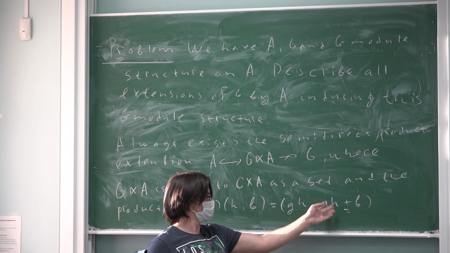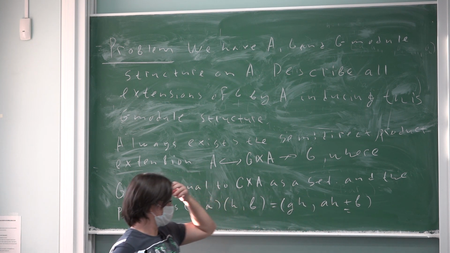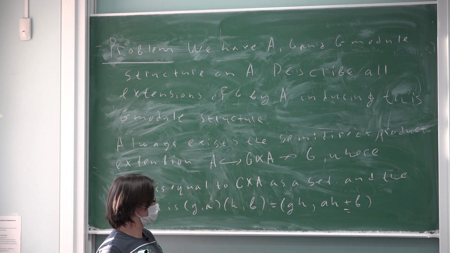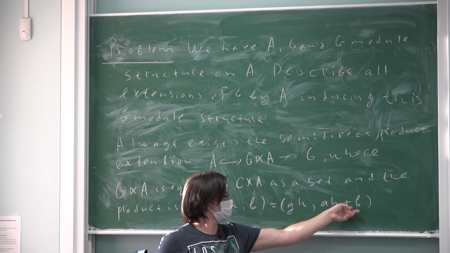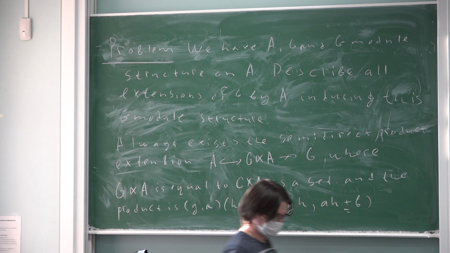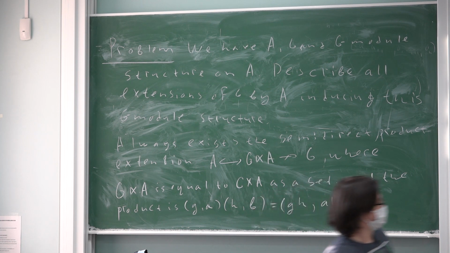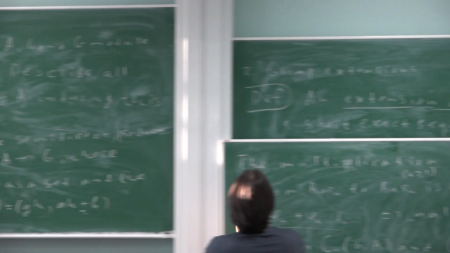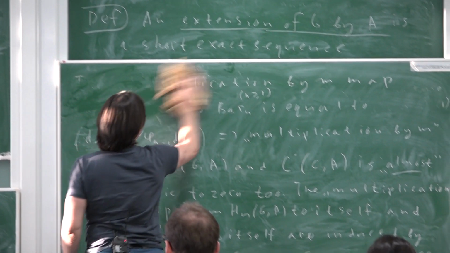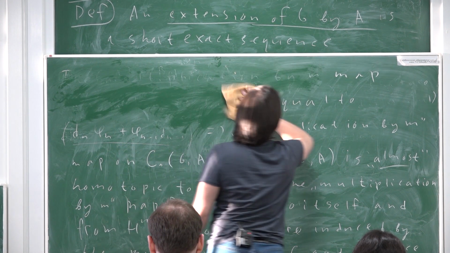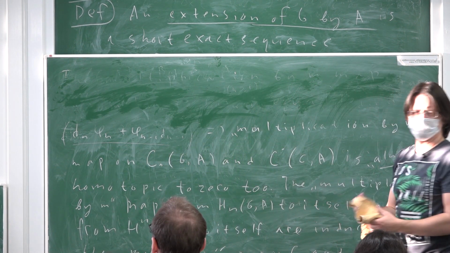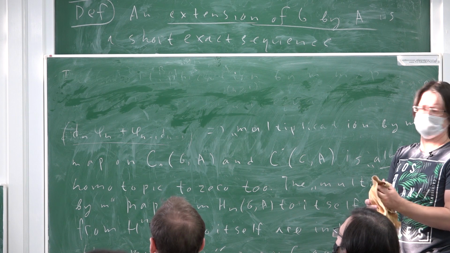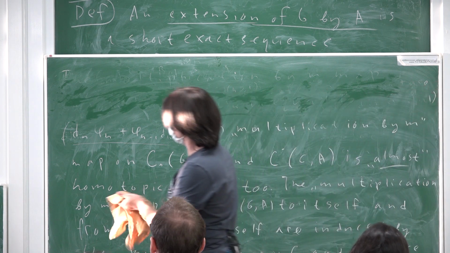So a^h comes from the G-module structure, and this is an operation of A. I think you know this construction of a semi-direct product.